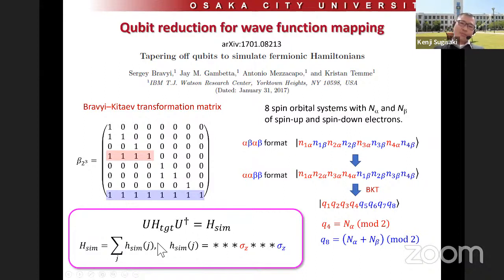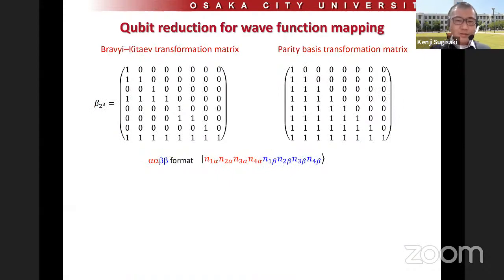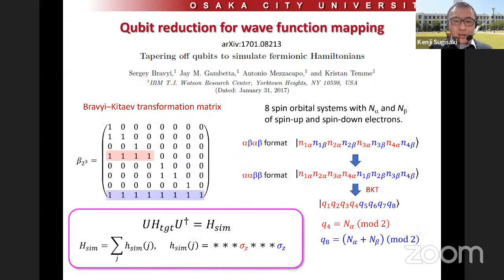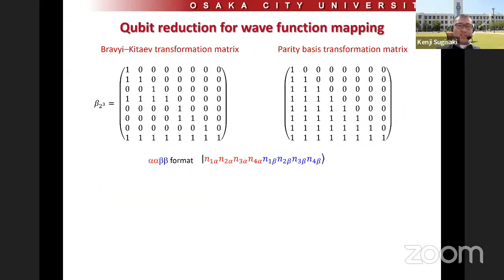And in this case, we apply this approach to the electron number conservation rule. But we can extend this approach to point group symmetry. But anyway, let's think about the parity basis. Again, we first rewrite the quantum state by using the alpha-beta ordering, and then perform the transformation to the parity basis. We can obtain this kind of quantum state.